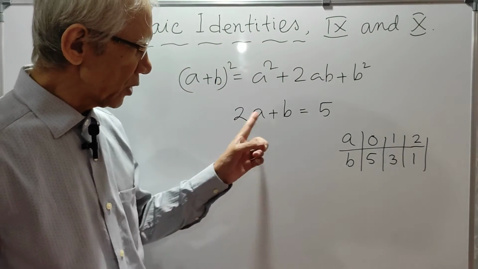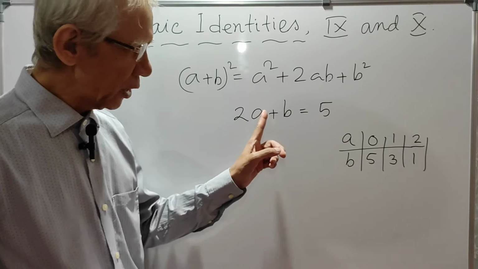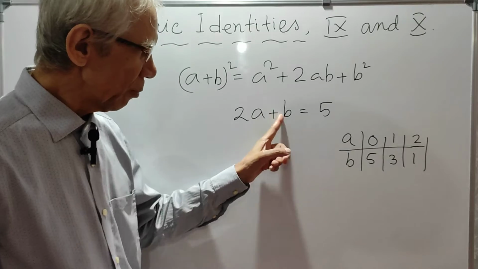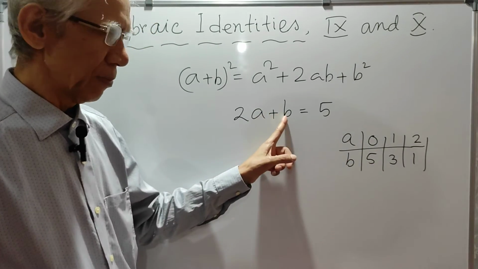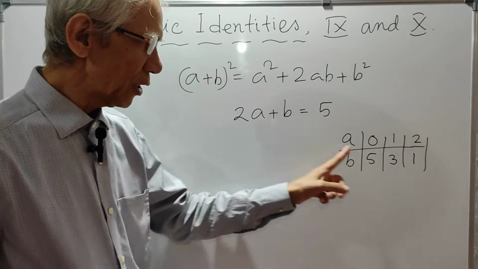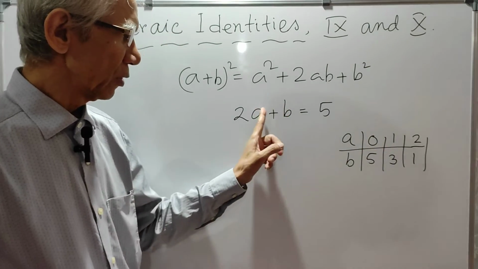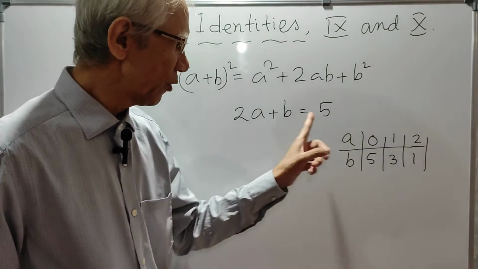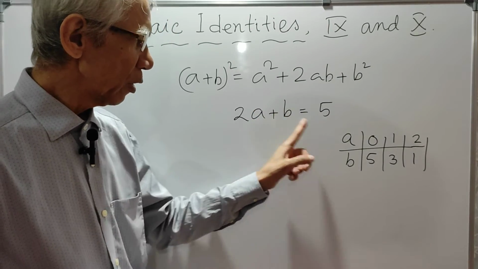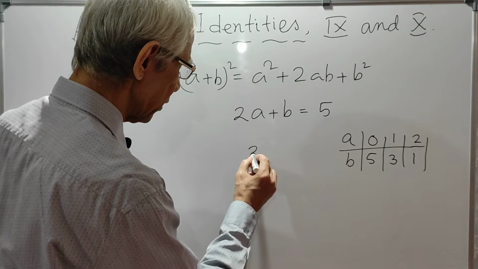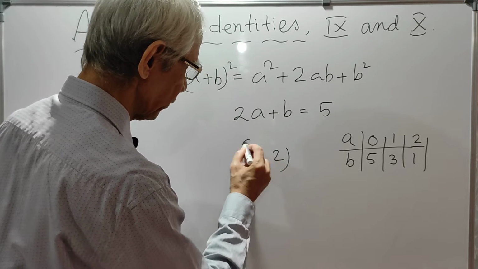Now this is an equation. It is valid for the value a 0, b 5. Then again it is valid for the second pair, a is 1, b is 3. And also it is valid for a 2, b 1. But it will not be valid for, suppose, 3, 2.